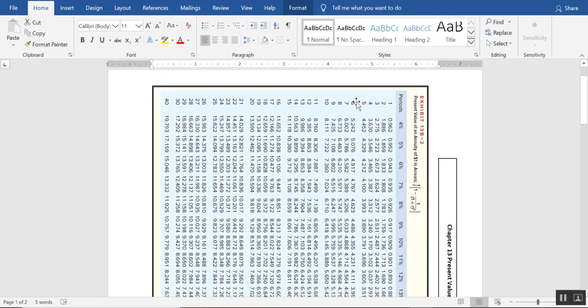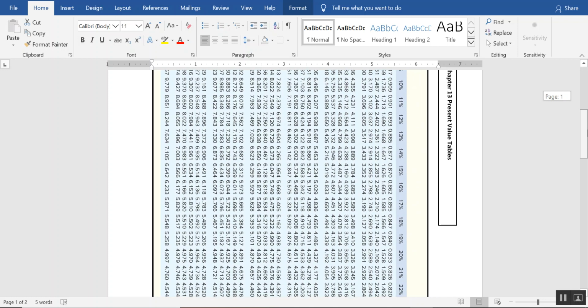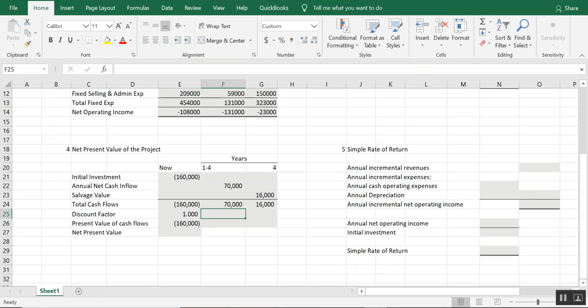So we go to year 4 and go down to 17%. The factor here is 2.743. So we put that in, 2.743, and we multiply that times the annual cash inflows to get the present value of that annuity.